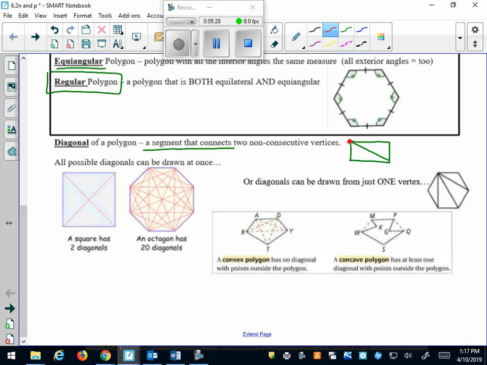If I connected consecutive vertices, what would I be drawing? Just the side of the polygon, right? So a diagonal does not connect consecutive vertices, because that would be a side. It connects non-consecutive vertices.